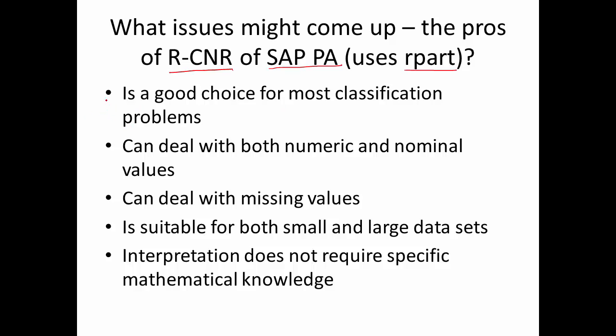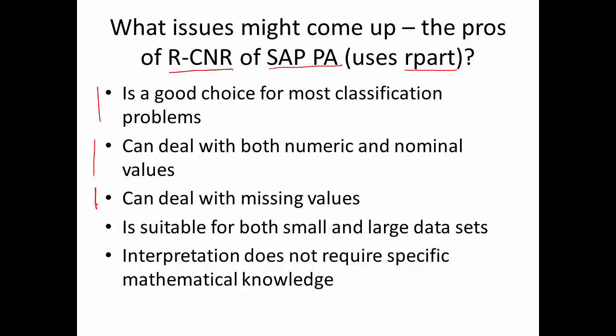First of all, it is a good choice for most classification problems, and it can deal with both numerical and nominal values. Numerical means like our pages visited in our decision tree example, and nominal is Google, Kiwi dots and direct. So it can deal with both these values.